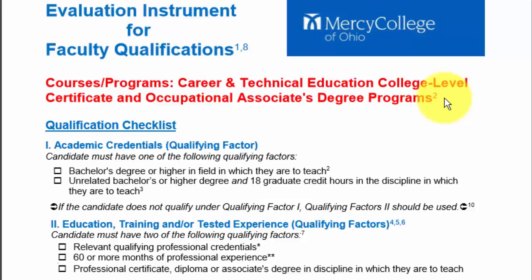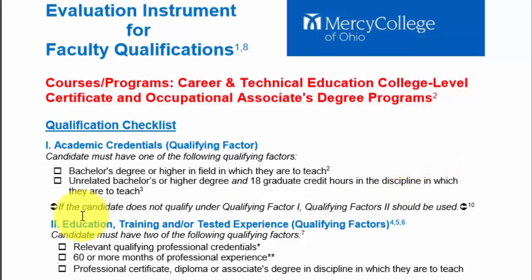And this particular classification for courses and programs is Career and Technical Education College Level Certificate and Occupational Associate Degree Programs, footnote 2. So we're not making up this category. This is actually coming from the Higher Learning Commission. And this is a very interesting category. I'm starting with the lower rung academically, but this is probably the more interesting of the three.